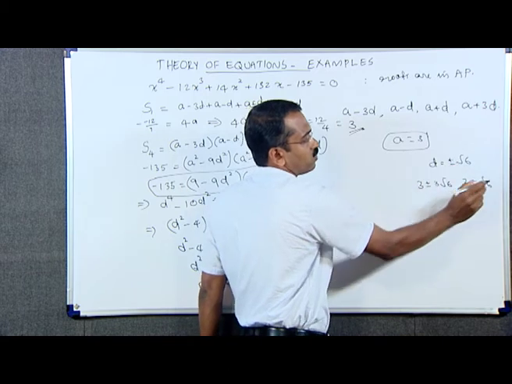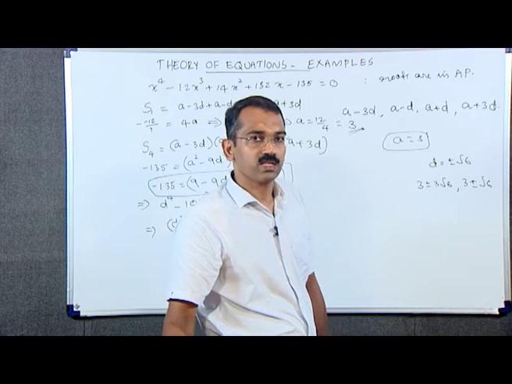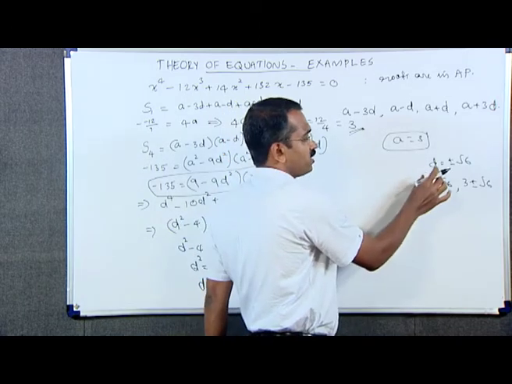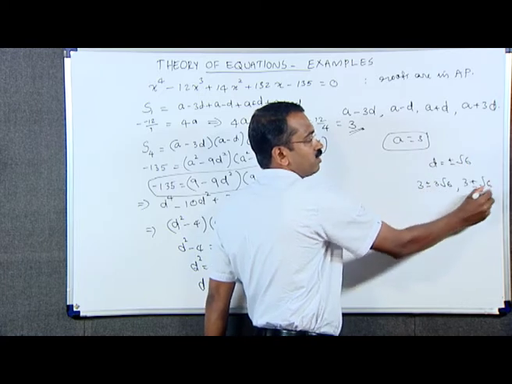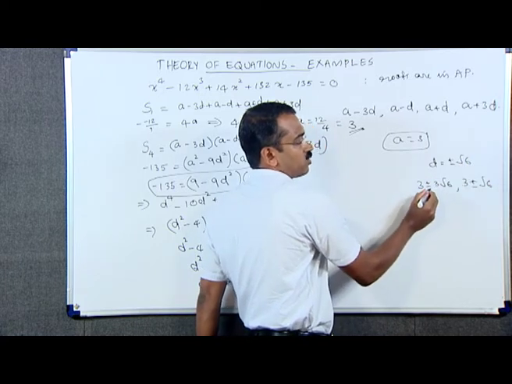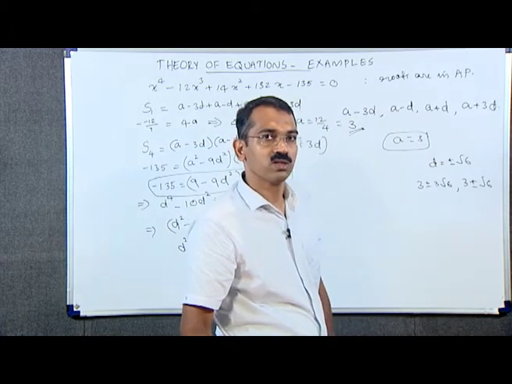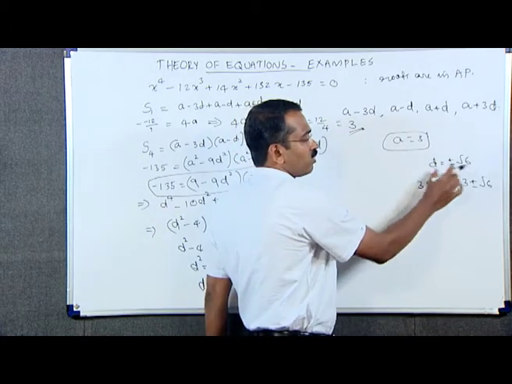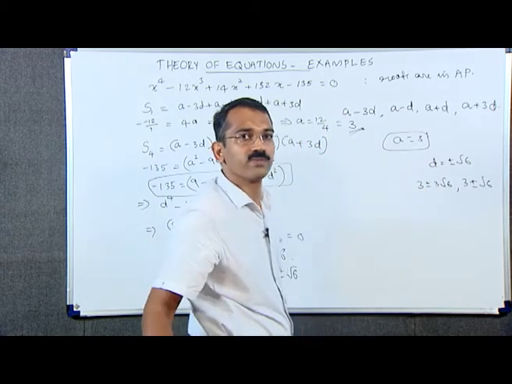These do not satisfy the given equation. When we take d is equal to plus or minus root 6, the roots will become like this, and these 4 roots do not satisfy the given equation.